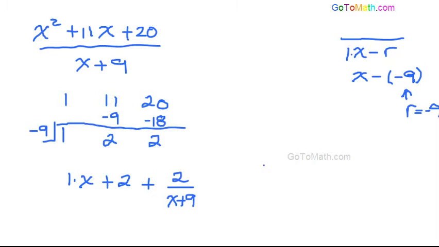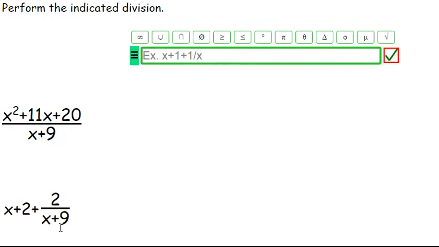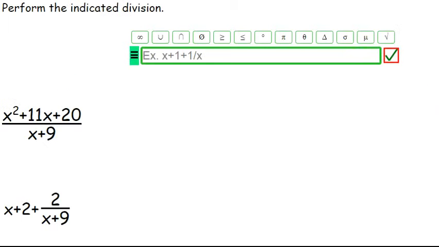Okay, so there we go. But we won't write the 1 here. So we have x plus 2 plus 2 over x plus 9. So it's pretty easy stuff. Let's see what we got here. X plus 2 plus 2 over x plus 9. Isn't that what we had? Yeah. Okay.